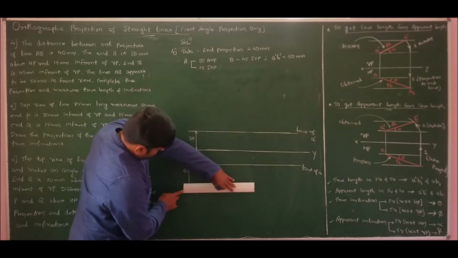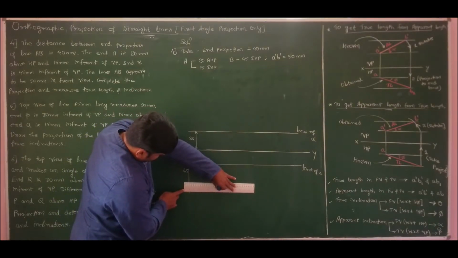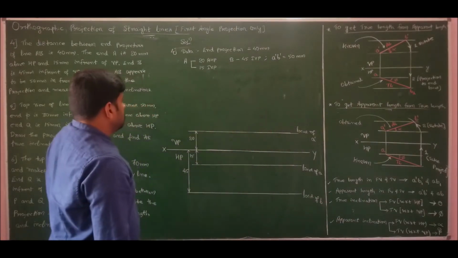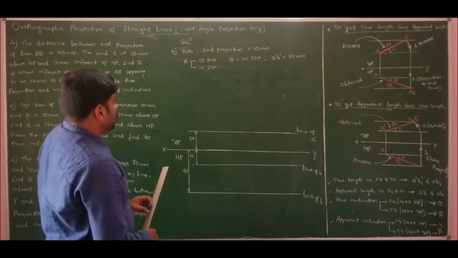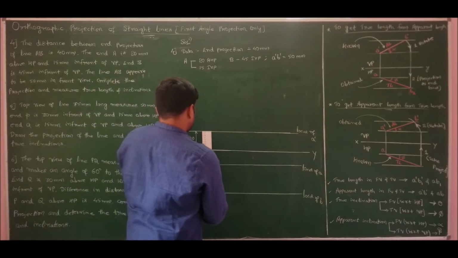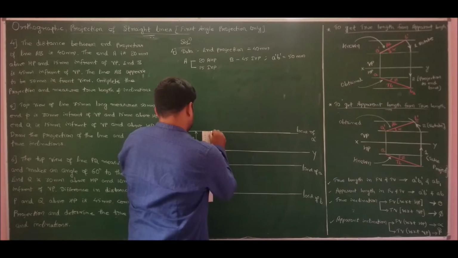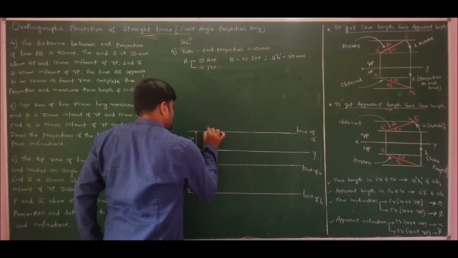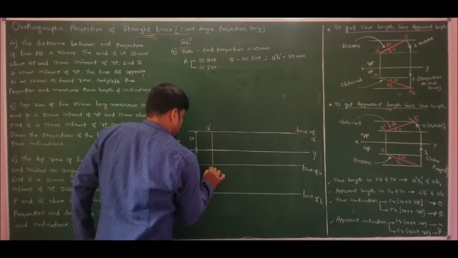So this will give you the locus of B. Now let us fix A dash and A first to start the problem. Let us fix them by taking the projection. I have fixed A dash and A.